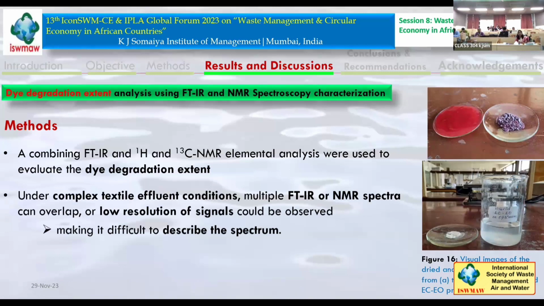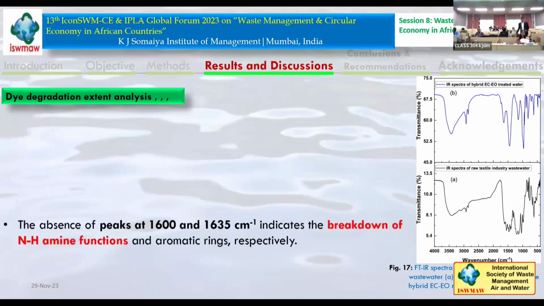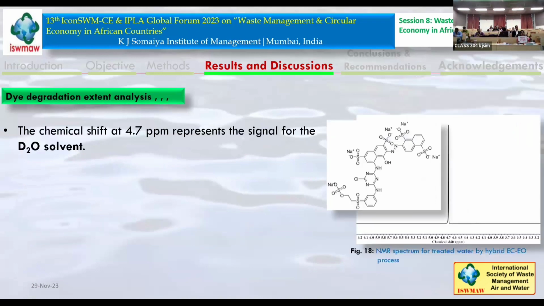As you can see from this slide, in the raw wastewater we observed different functional groups. However, in the treated water, after we treated it with the combined electrocoagulation and electrooxidation process, we observed the absence of most of the functional groups. That means there is a breakdown of N-H amine functions and aromatic rings.